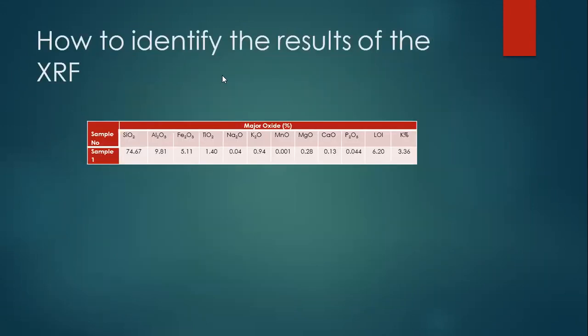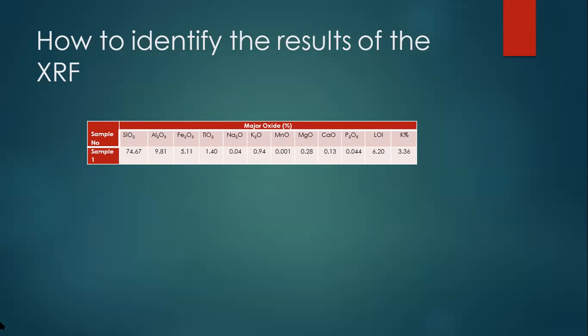Okay, suppose that we have this result coming from the XRF. We said before that the XRF depends on the major oxides that we have inside the materials, and all of them should total 100%. Here we can see that the SiO2 has a large amount, so this is called major, which means the SiO2 here has a high amount.